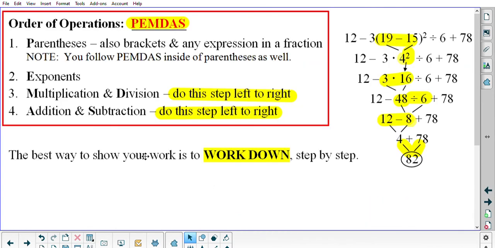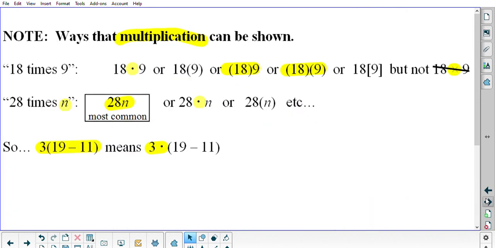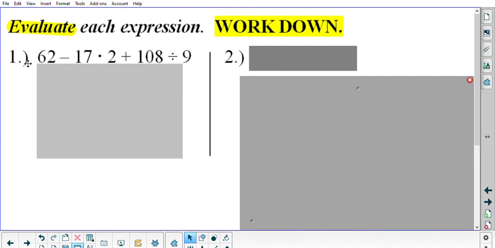Now, forgive me for going back and forth here, but I'm trying to make sure you can follow along what I'm talking about. With multiplication and division, you do this step going left to right. So, on problem number 1, that doesn't mean you do the whole problem left to right. It means you do the multiplication and the division pieces left to right.